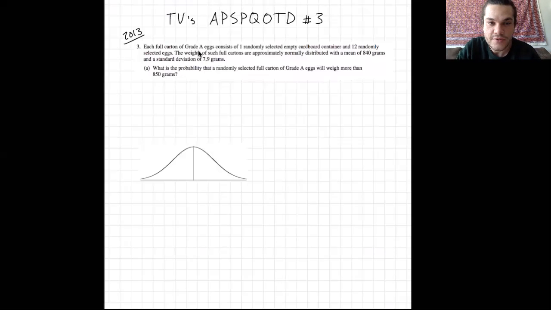So we have eggs, egg cartons, one randomly selected cardboard container, 12 randomly selected eggs. The weights of such full cartons are approximately normal with a mean of 840 and a standard deviation of 7.9.